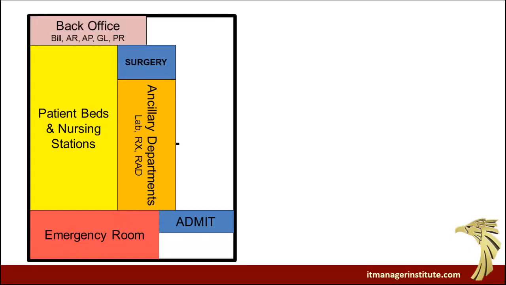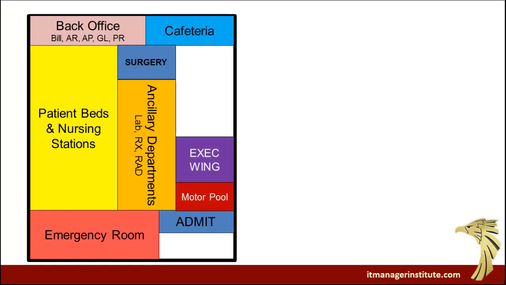You have back office applications. That's where the accounting people are, billing and accounts receivable, payroll, so on. You might have a cafeteria, which most hospitals do. There's some applications associated with that. You might have a motor pool, an executive wing, security, and IT.